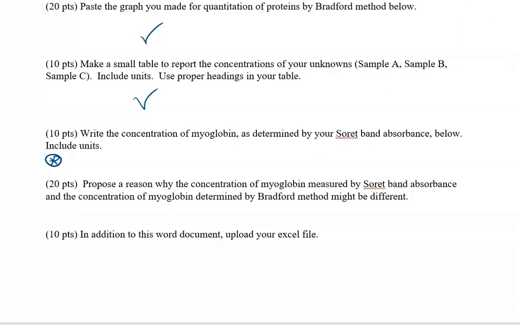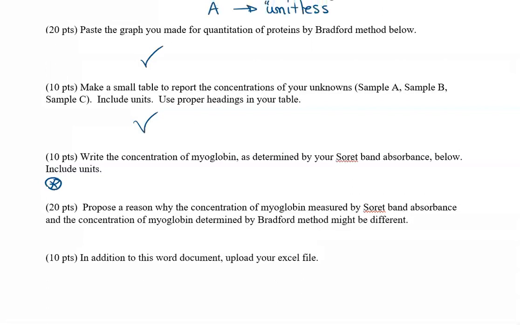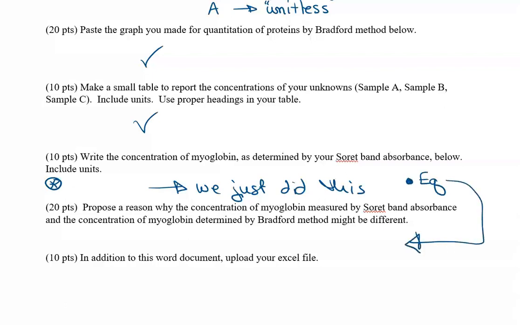So when we go back and we look at this, we just did this. And you can determine that concentration for both samples, but we really only care about the equine sample moving forward to this next question.